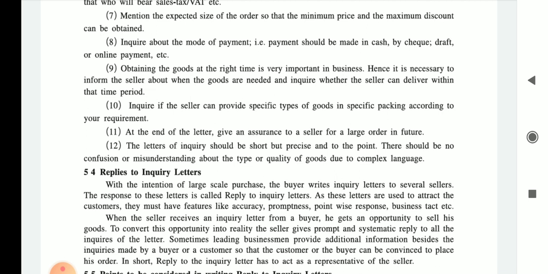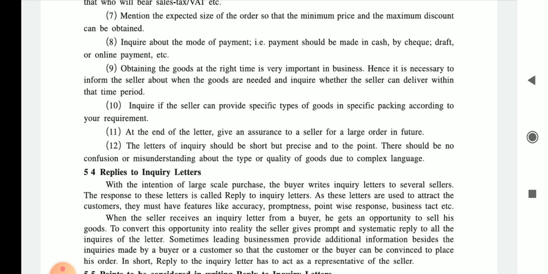See, you have to make clear, and it is the most important part of your inquiry letter, how much payment as well as the mode of payment through which you will make the payment for that particular purchase. That is, payment should be made in cash, by check, draft, or online payment.